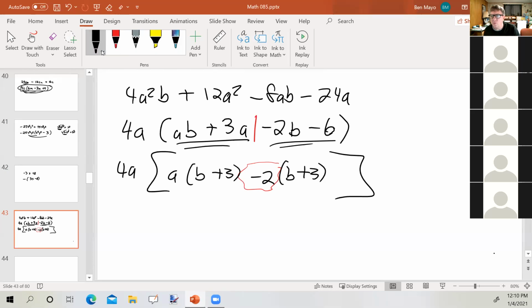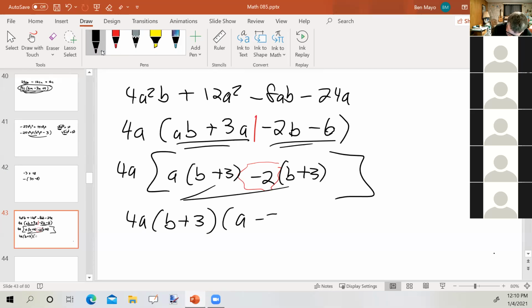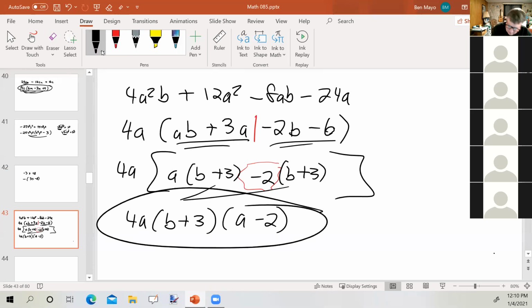So if something isn't working, look and see if you made a mistake like I did. Okay, so now I've got the 4a from the outside. I'm going to take out the b plus 3 and have an a minus 2. So that was a tricky problem, at least tricky for me.